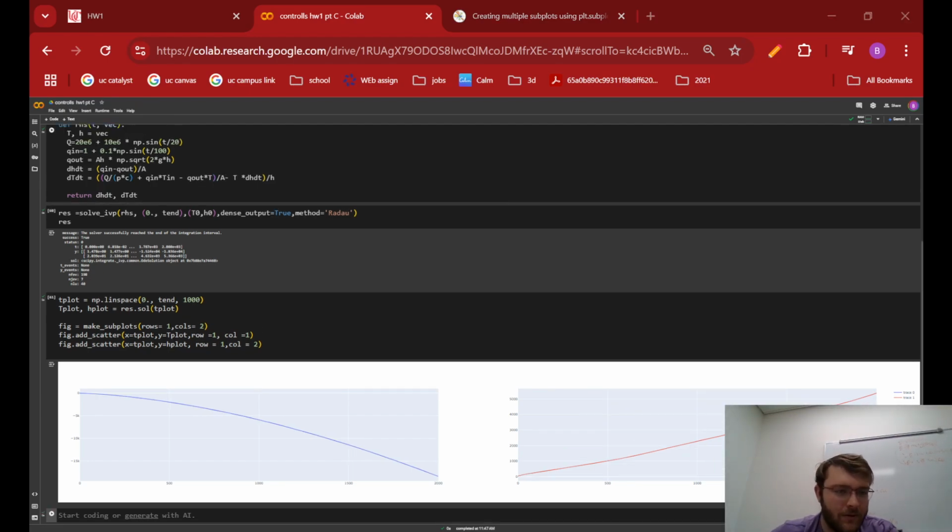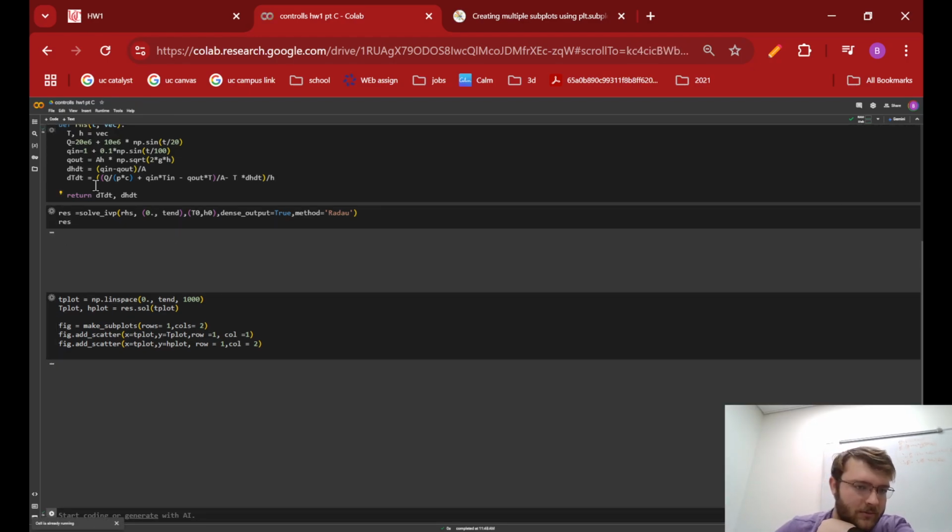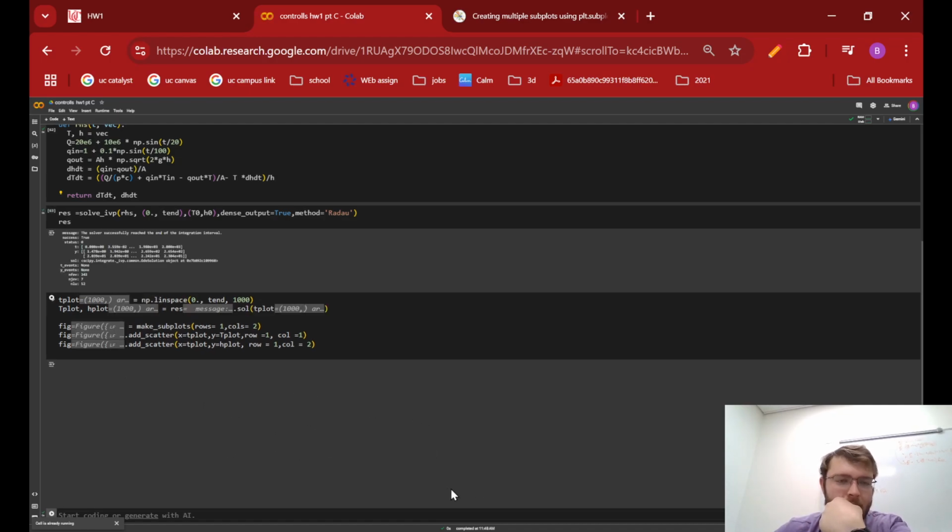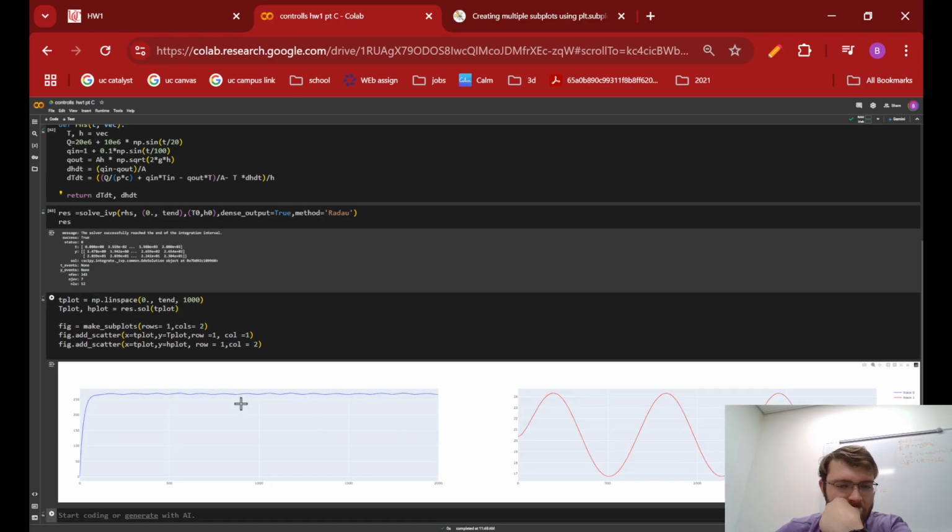I believe I found the last thing that I messed up, which was I swapped these here. Well, I swapped them down here, which makes me just need to swap them here. And we should see that oscillating function down here. This one looks correct.